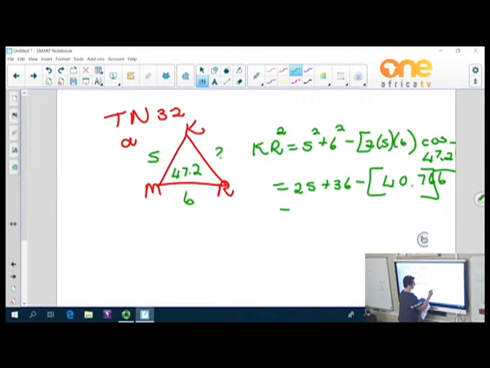Right, so in the next step, it will now be 25 plus 36 minus 40.766 is equal to, and there I have 20.234. But now remember, we want KR. So to get rid of that square, we will square root this value.